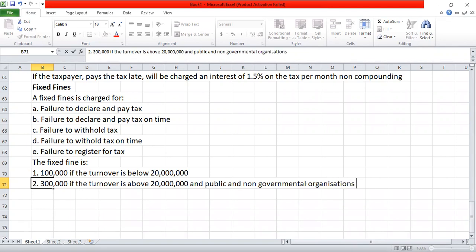For business, where the turnover is above 20 million, you are going to pay 300,000 for failure to declare or pay on time. If it is a non-governmental organization or public, the starting fine is 300,000 if you don't declare tax on time or you don't pay tax on time.